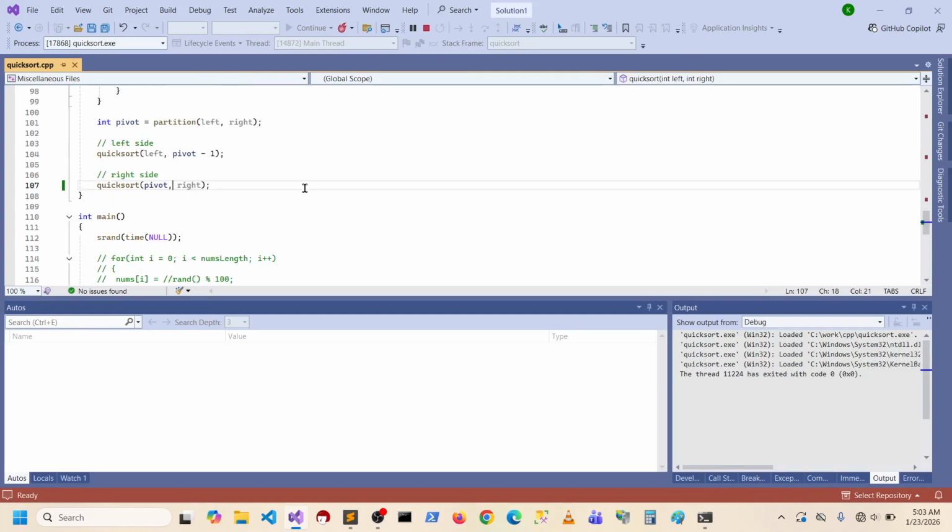And then let's go ahead and start it right at this point. Well, you know what? Let's go through the left. Just to make sure that's all going right.